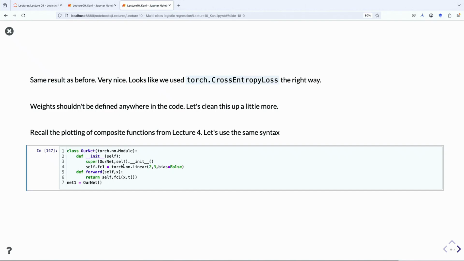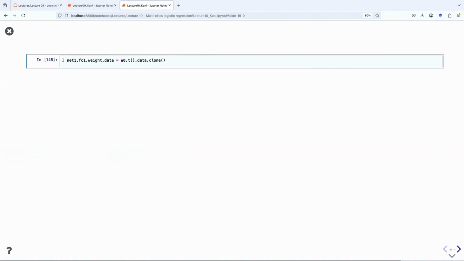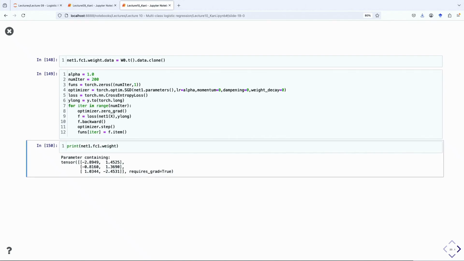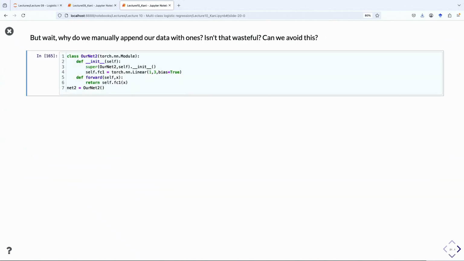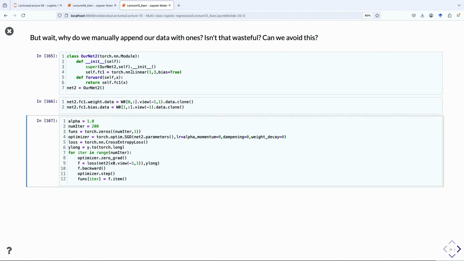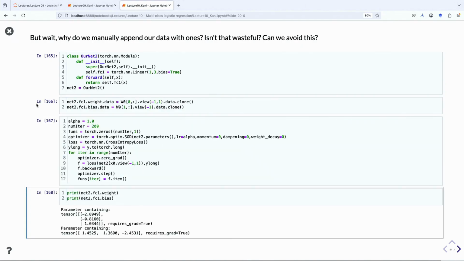We don't even really need to include the weights anywhere in our code. We could do a whole bunch of optimizations, and I'm going to skip ahead a bit. We could just simply set bias equals true. We don't really have to include the logit calculation. We could just say it's a linear layer, just a linear set of logits, and do a whole bunch of optimizations and get the actual parameters, which match what we had before.